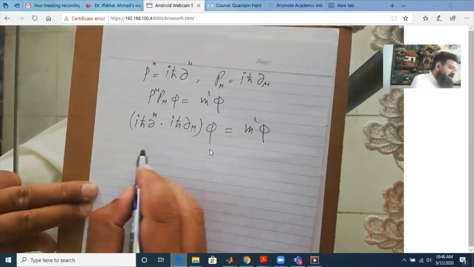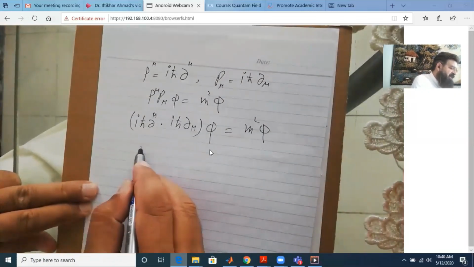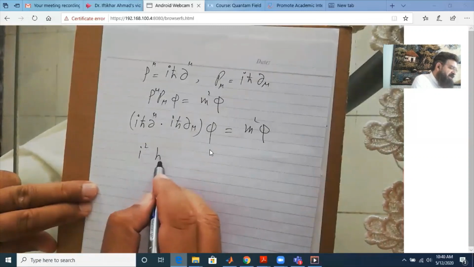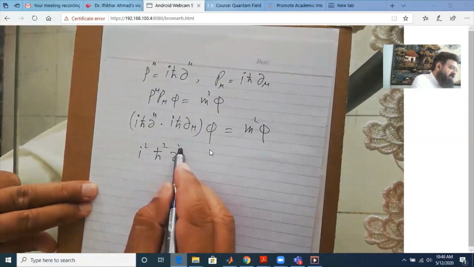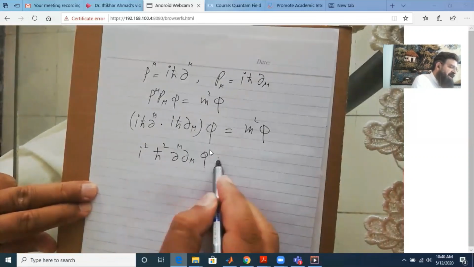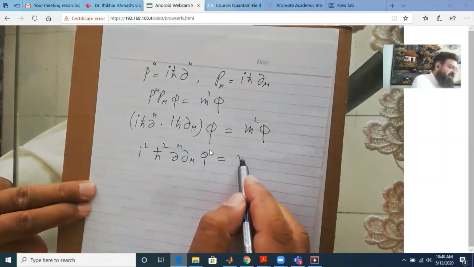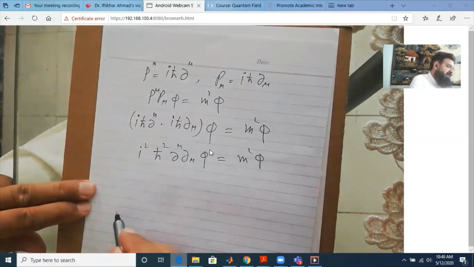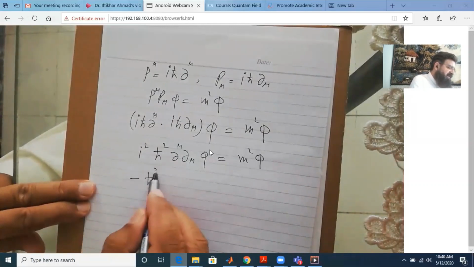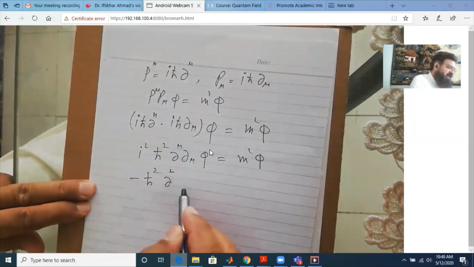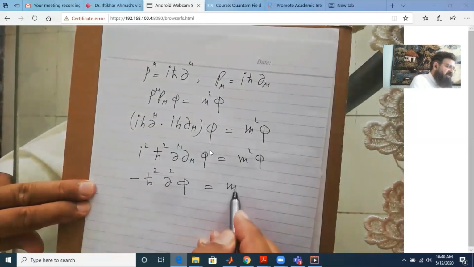You got this point? Again, i square equal to -1. So this is minus h-bar square partial square phi equal to m square phi.